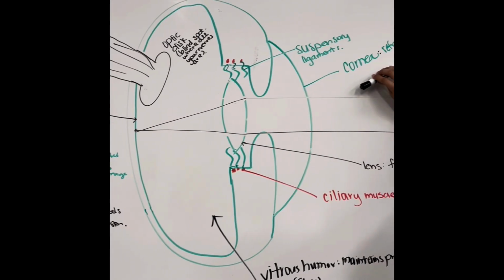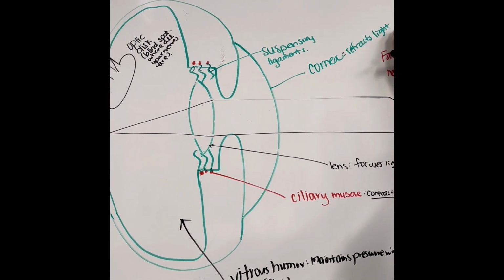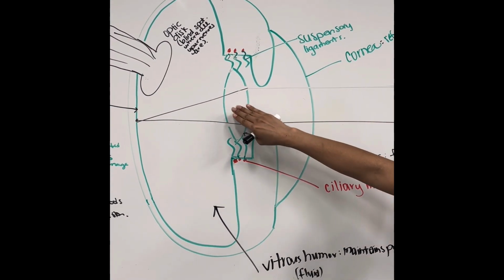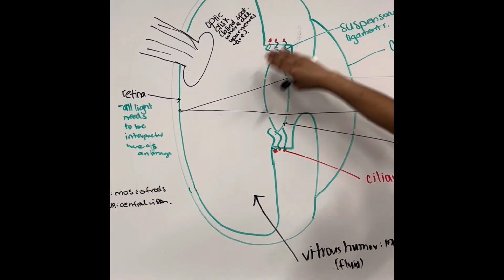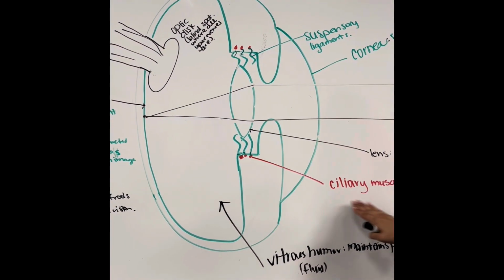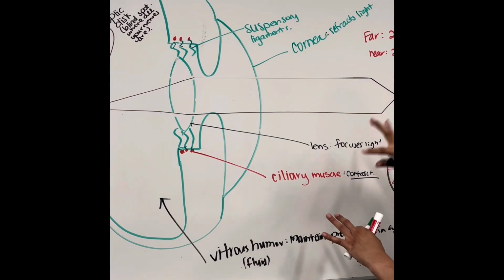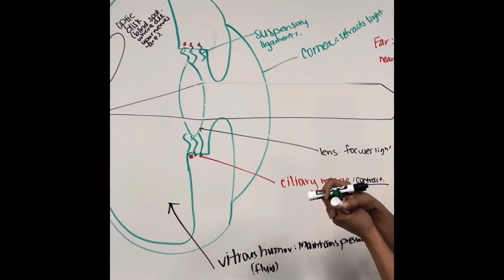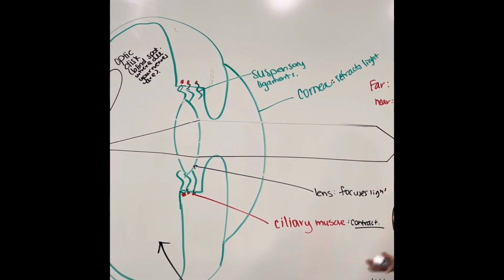We have our cornea here, which is responsible for refracting light. More inside, we have our lens, which focuses our light, and surrounding our lens, we have suspensory ligaments and ciliary muscles. Our ciliary muscles work with our suspensory ligaments, so they contract or relax, and that has an effect on our lens.